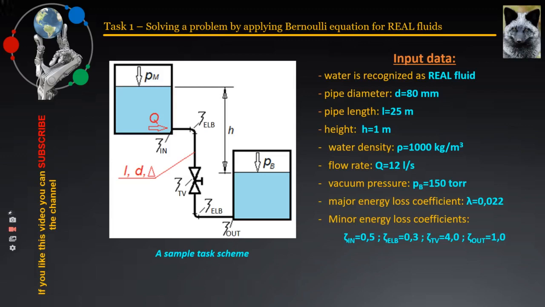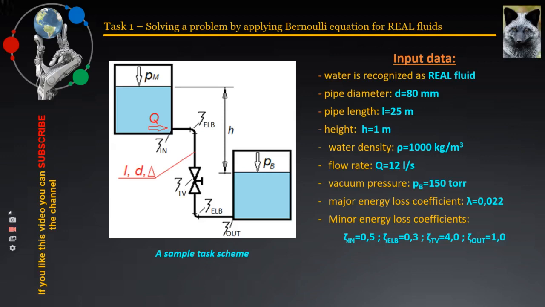Water is transported between the 2 tanks through a connecting pipeline with a length of 25 meters and a diameter of 80 millimeters. The flow rate in the system is known in advance, and it is 12 liters per second.